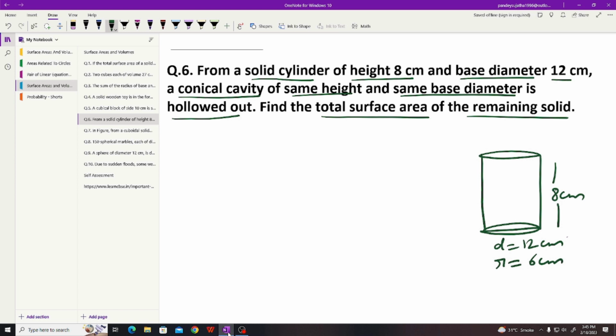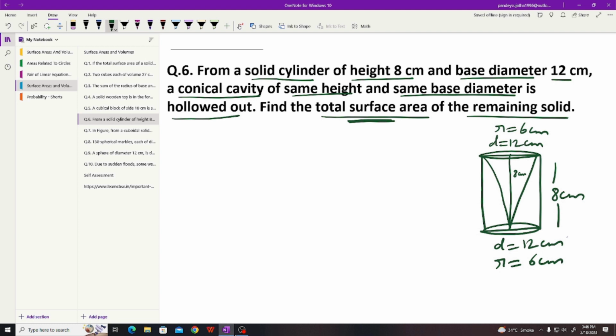From this cylindrical object, a conical cavity of the same height is being hollowed out. And the base diameter of the conical cavity will be 12 centimeter and the radius is 6 centimeter. So we need to find the surface area of the remaining solid.